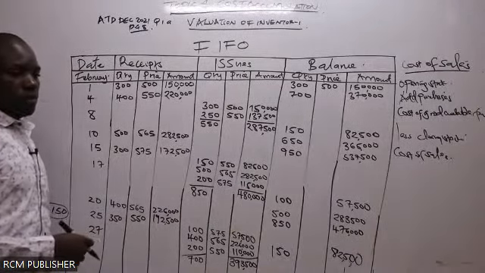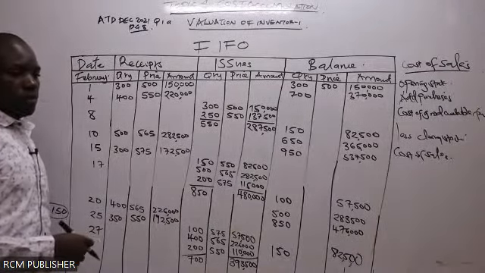If you add all that, what are we getting? 1,093,500. So I'm being told that purchases is 1,093,500. That is the value of purchases.